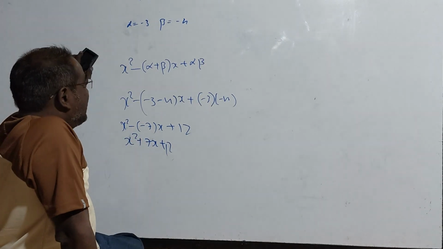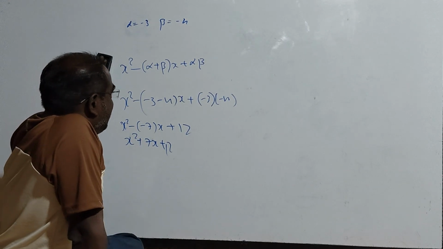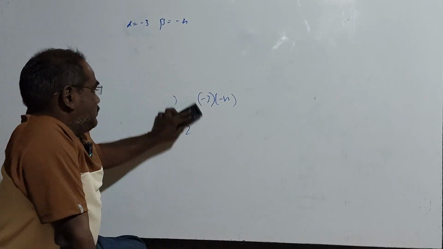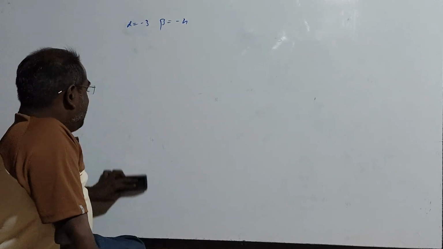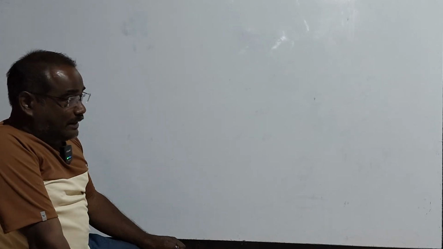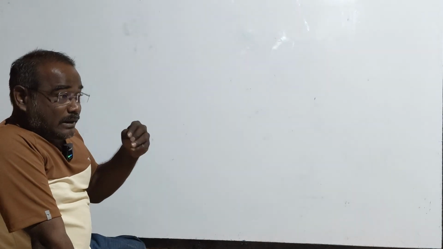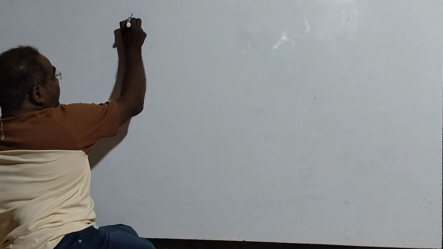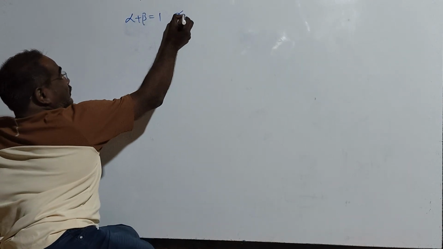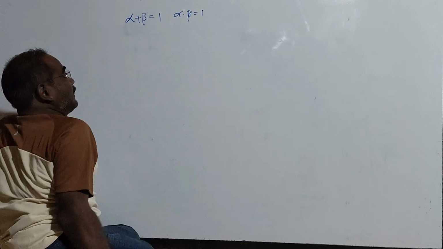Sometimes he will give product and sum. Shall I erase this? Okay. In your NCERT textbook, he has mentioned only product and sum. Don't think of them as alpha and beta. He directly gives alpha plus beta and alpha into beta. You need to substitute those values. He has given a sum is one, product is one.